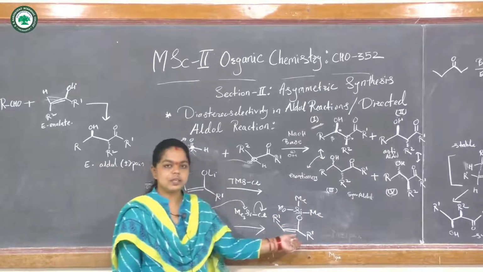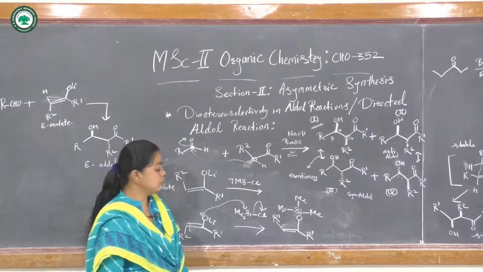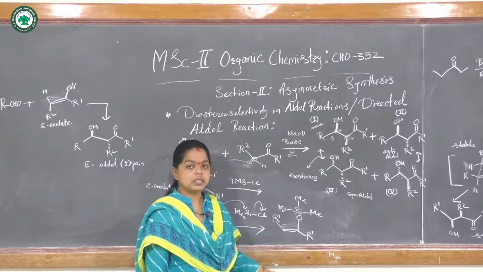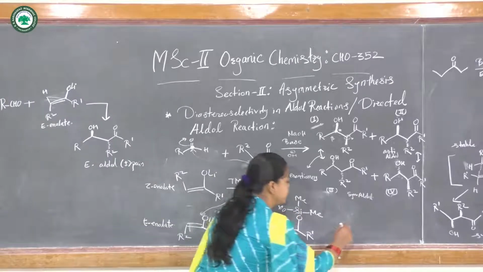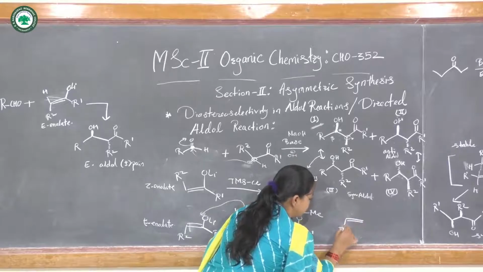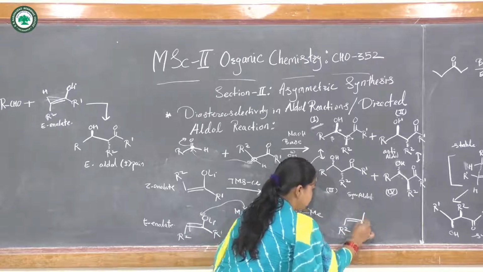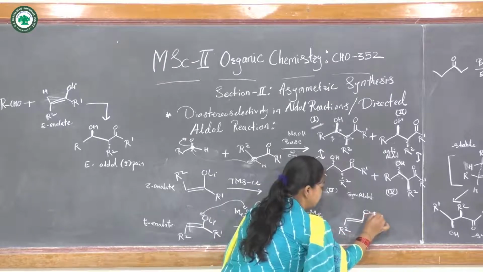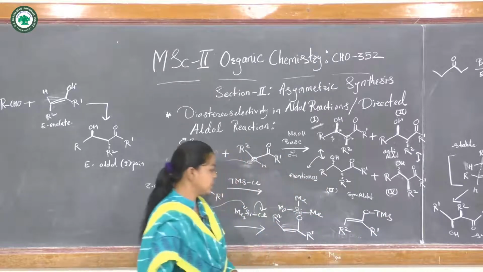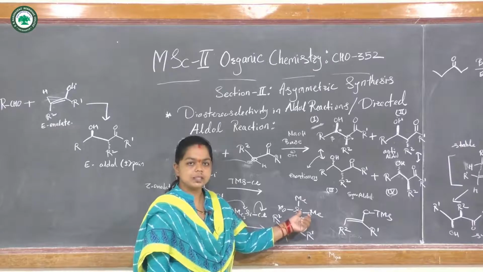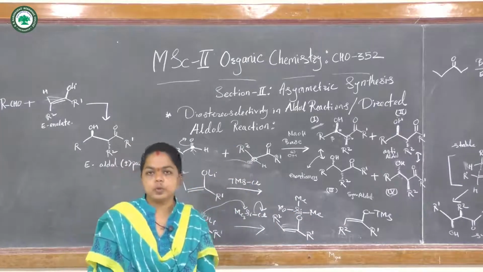These are called silyl enol ethers, where the alcoholic group is now protected by the silyl functional group. So this is the trimethylsilyl group attached to the oxygen. For the E-enolate we can write it simply as OTMS. We can write the trimethylsilyl group as TMS. So these two enolates are now protected.